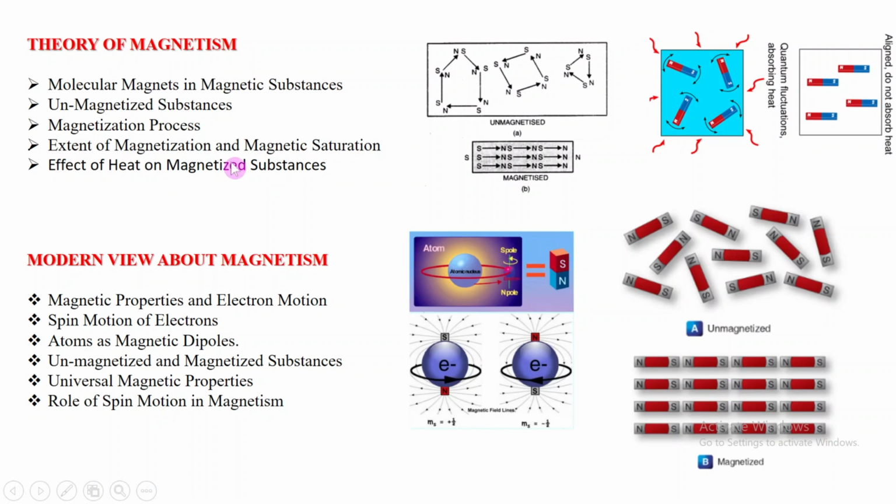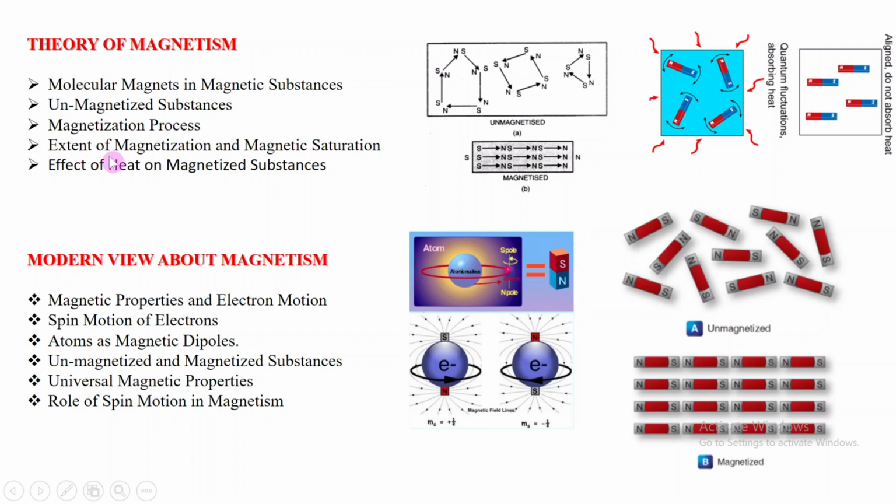So in this theory, in a magnetic substance each molecule behaves as a tiny magnet, and the origin of its magnetic property is as I have discussed here. In unmagnetized substances, the tiny molecular magnets cancel the effect of each other, and if we provide an external magnetic field to a magnetic material, all the tiny magnets will arrange in such a way that they support the external magnetic field.